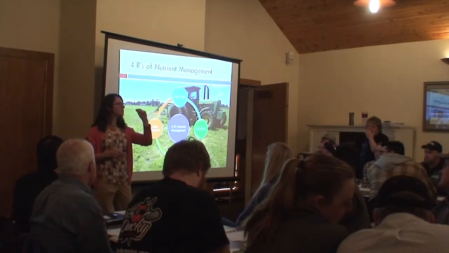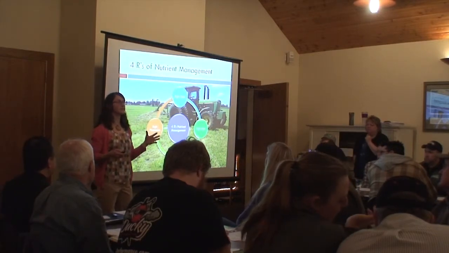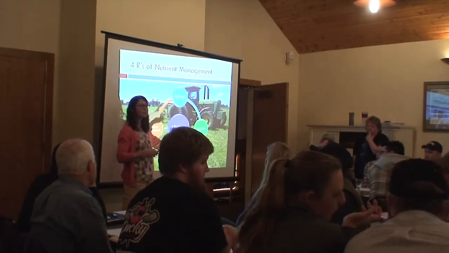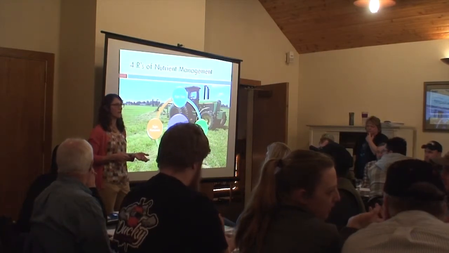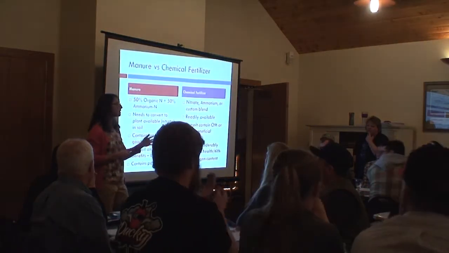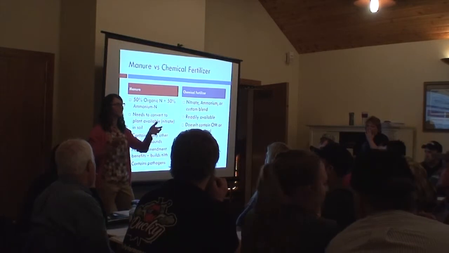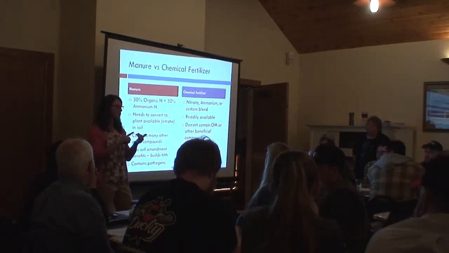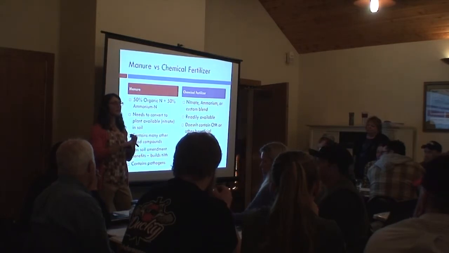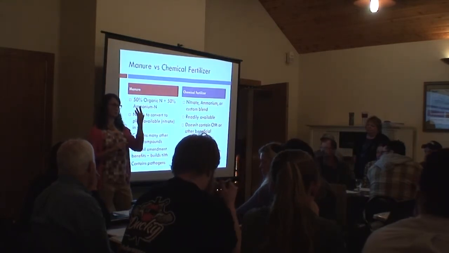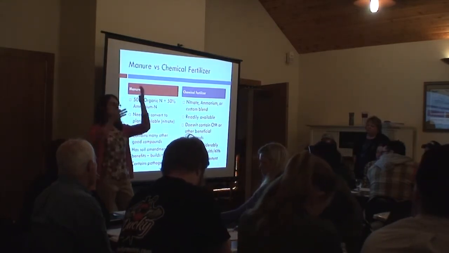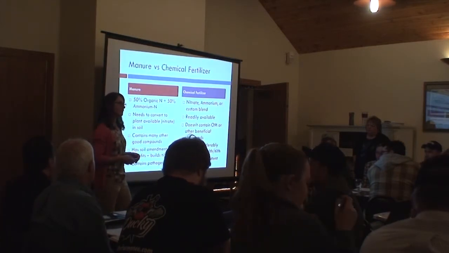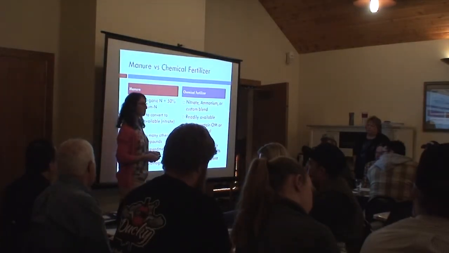You can have very minimal losses, or you can have great losses depending on what time you applied, what rate you applied, and how you applied. So it's very variable. And then you've got that tie-up in the soil depending on the time of year. So the things that matter the most are soil temperature, moisture level, and air temperature. Those are your three biggest for how we get the most losses, for nitrogen in particular.